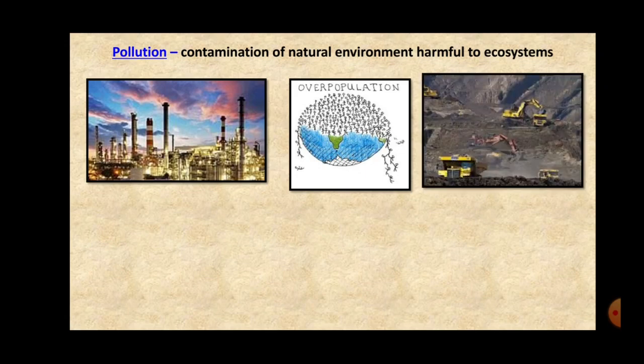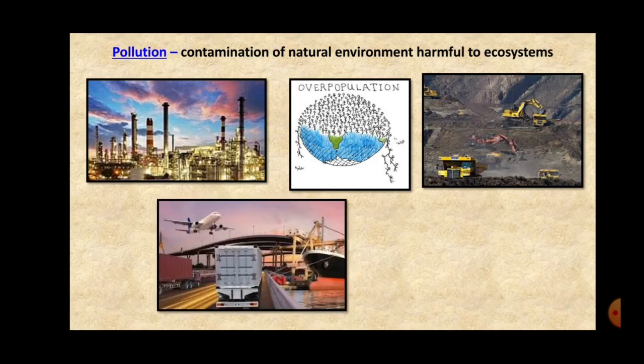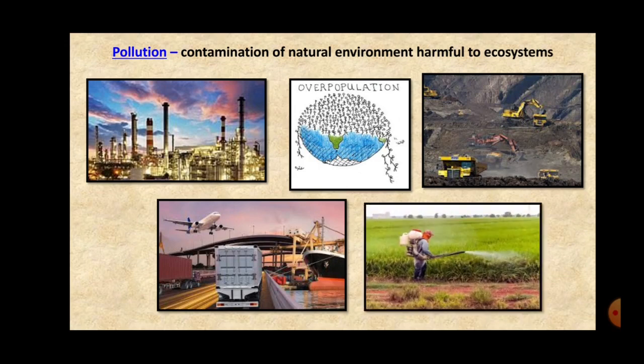Next is mining, right? This is also a factor of pollution. This is also a cause which leads to pollution. Then, as I said, the population is increasing, so the transport modes are also increasing. They are used more, and thus transportation also is a reason for the pollution.